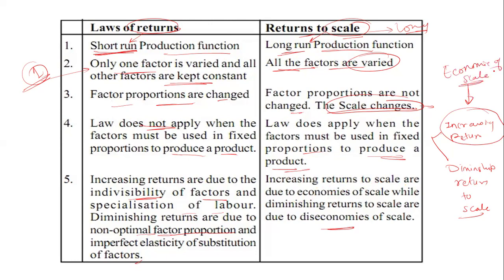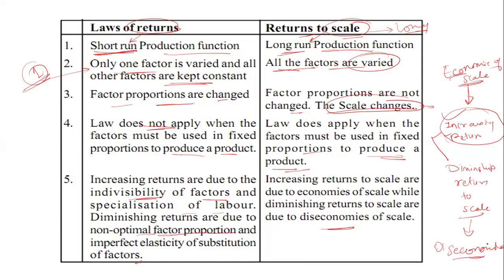And what is economies of scale? I have already told you in the last lecture: economies of scale means mass reduction in the cost of production. In diminishing returns, there is a diseconomy of scale. If anything is diminishing, that means there is a diseconomy of scale.